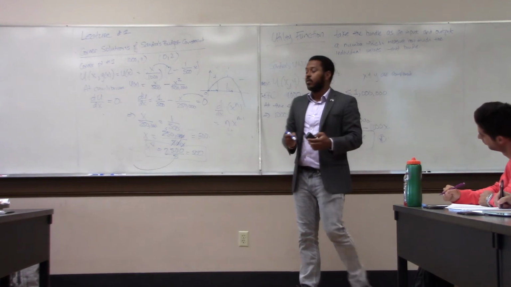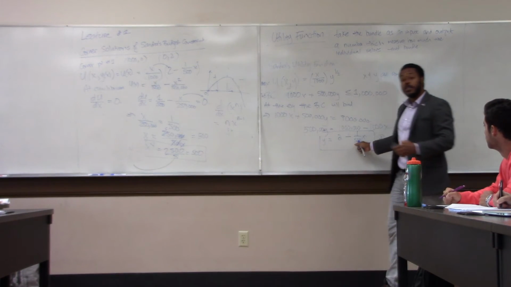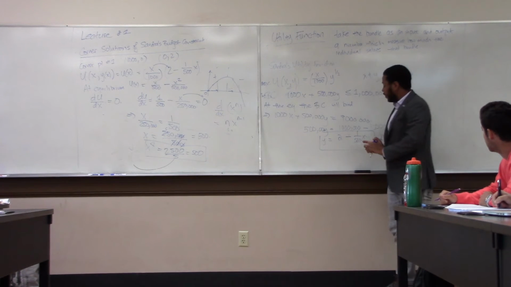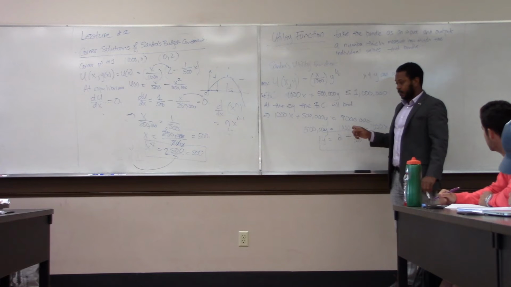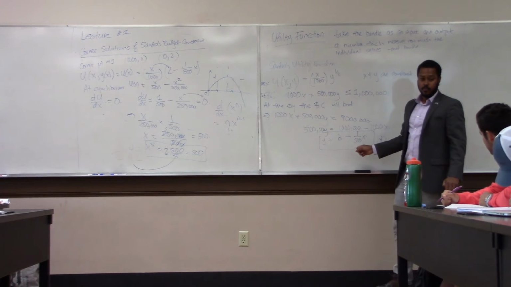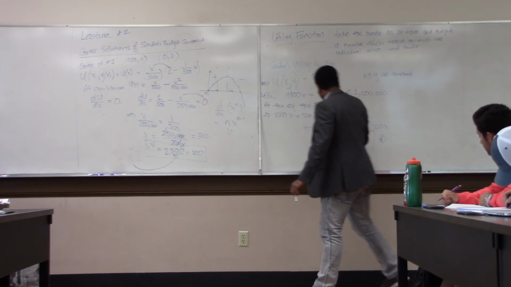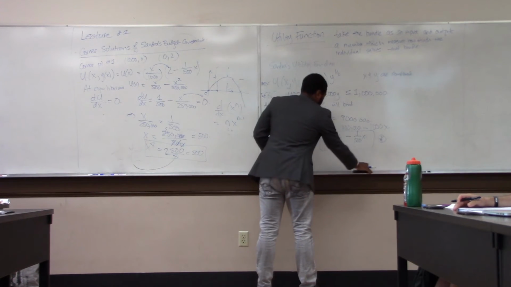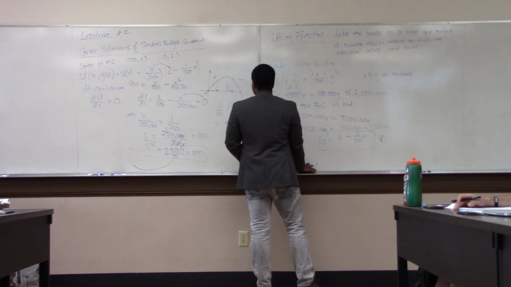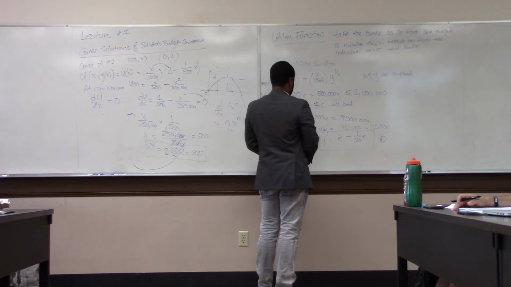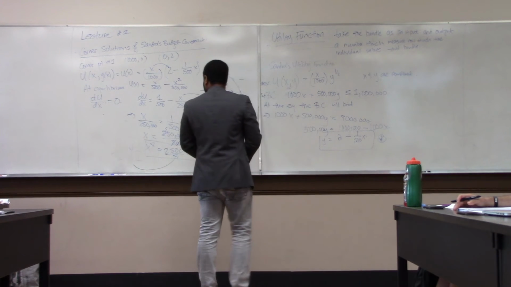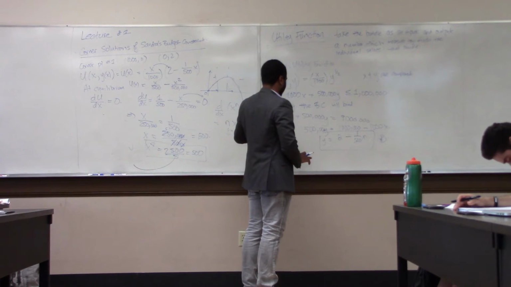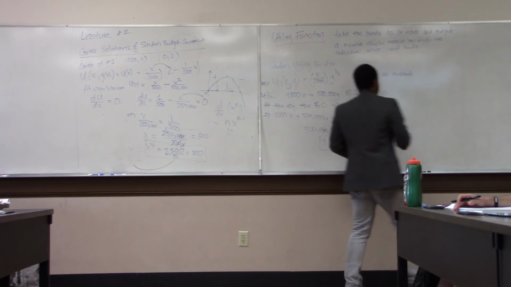Plug x back into the line. Exactly. Remember this equation star here? This equation star gives us the relationship between y and x at the optimal point, right? And so what we can do is we can say that, okay, I'll put this right here.